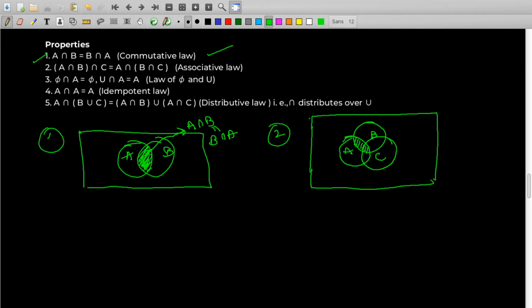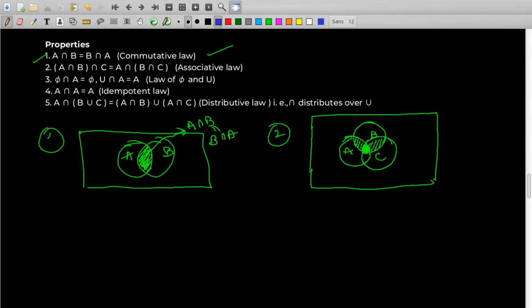And for this one we have intersection C, which will be this small area here, right, which is intersecting with C. And then if we have A intersection (B intersection C), so B intersection C will be that small area and this one, and then intersecting with A again will be this small area, right?